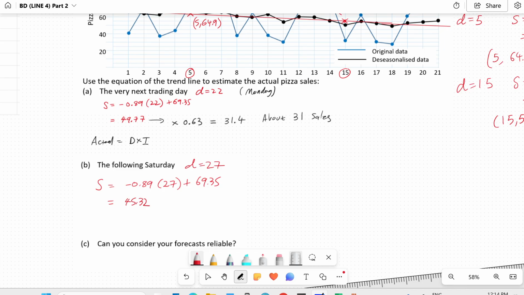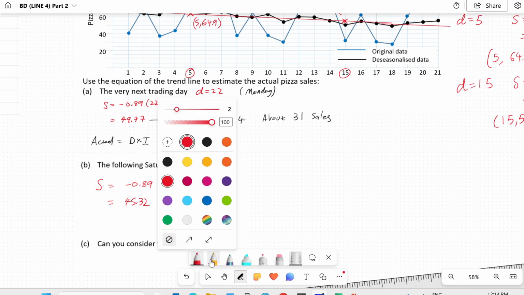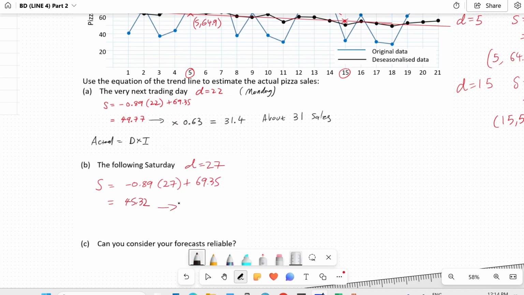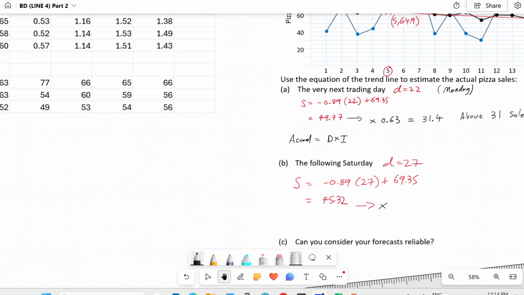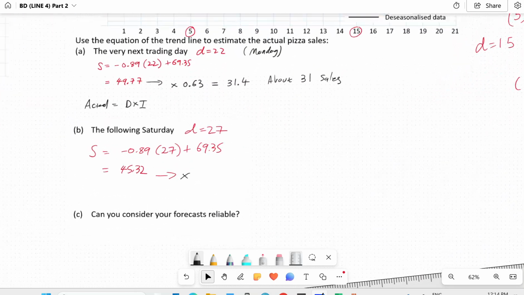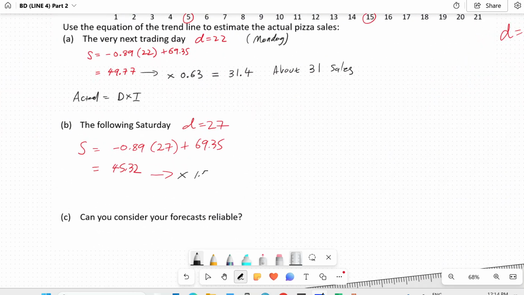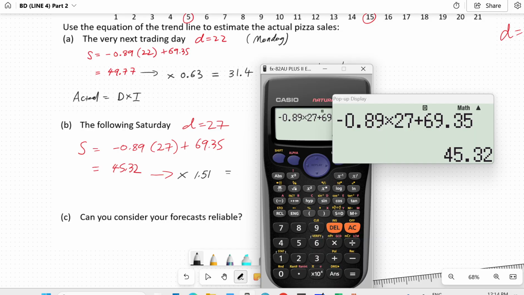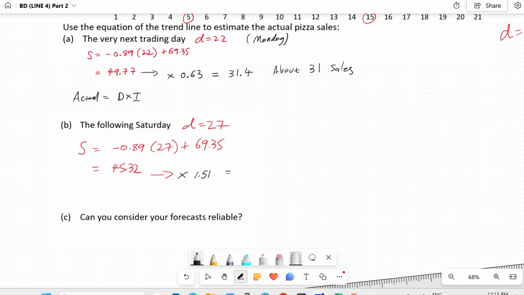Now we need to go and multiply this by the index for Saturday. Multiplied by the index for Saturday, which is 1.51, gives 68.4, or about 68 sales.